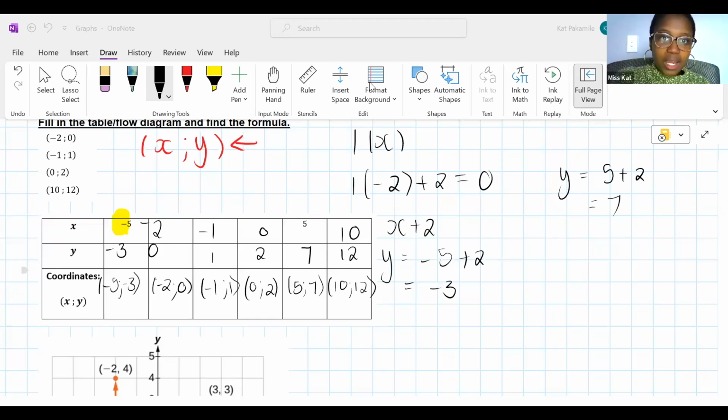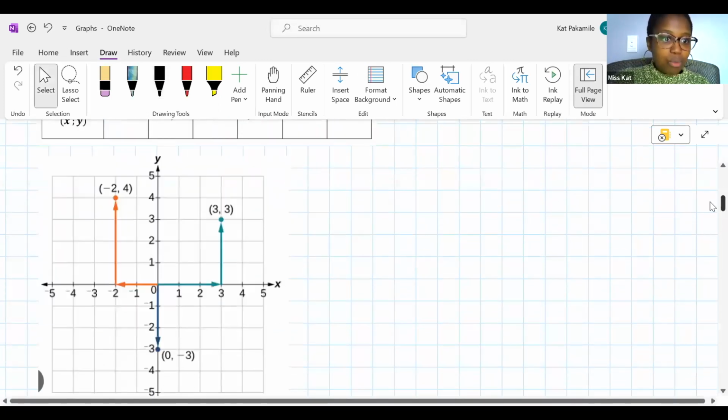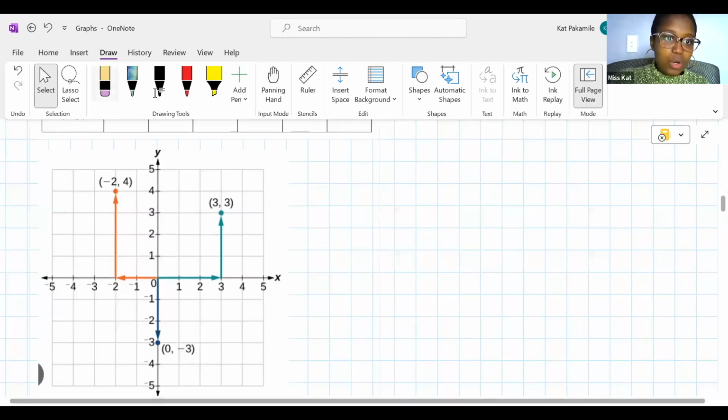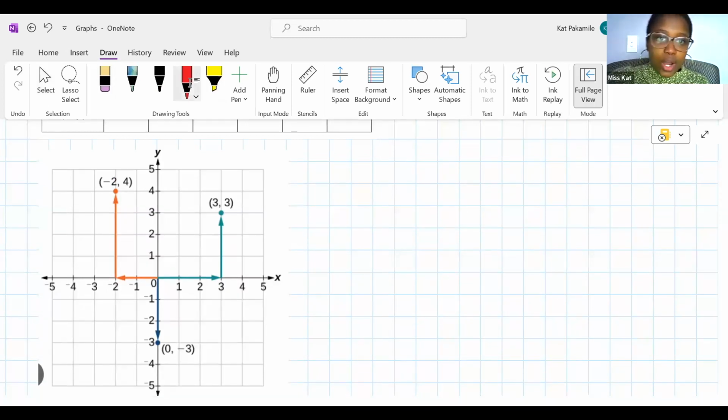Beautiful. Okay, so now for today's lesson, we will be working with plotting points. So this here, we call it a Cartesian plane. I know some people call it a coordinate plane.